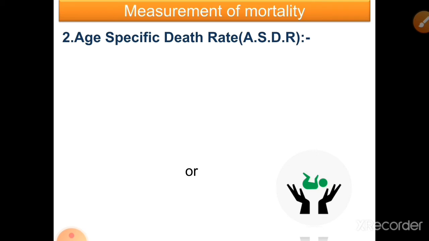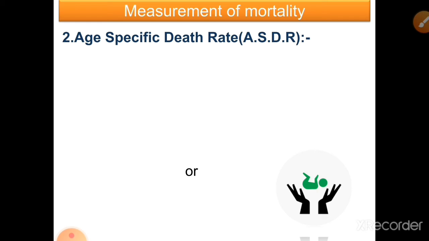The second measure is age specific death rate, that is ASDR. The crude death rate ignores the age composition. Especially in the age group 0 to 5 and above 60, the death rate is quite high, and it is lowest in the age group 25 to 40.